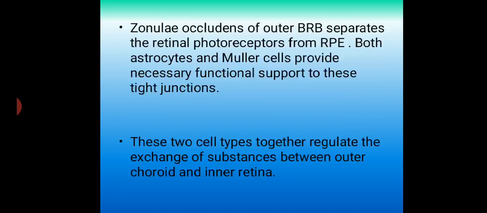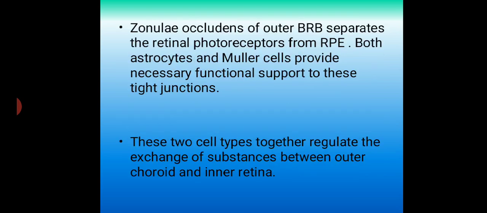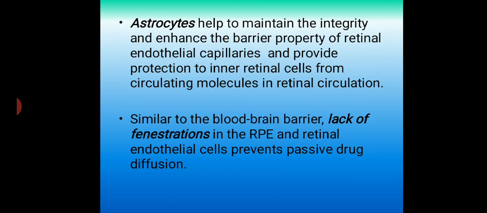Again, to support this combination of RPE and capillary endothelial cells, we have both astrocytes as well as the Muller cells, which again provide functional support to this tight junction that's formed by the RPE and the capillary endothelial cells. Now, these two cells together regulate the exchange of substances between the outer choroid and the inner retina.